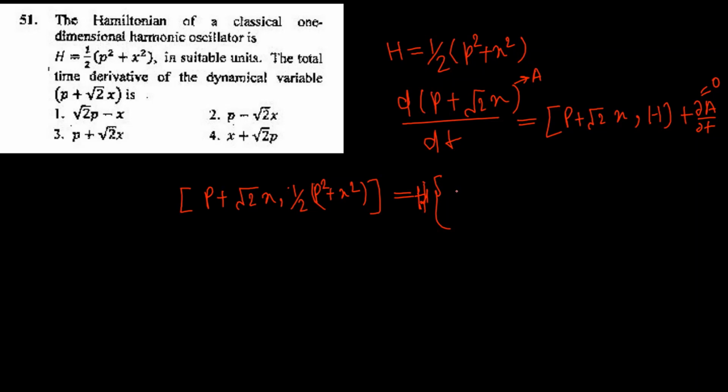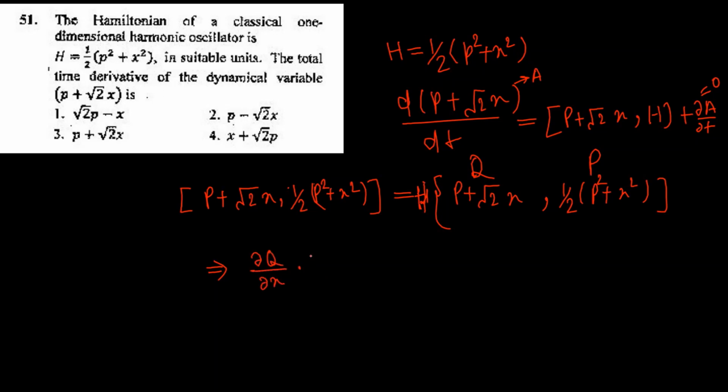Here we will get p plus root 2x with 1 by 2 p square plus x square. If this is q and this is p, then the formula for the Poisson bracket is del q over del x into del p over del p minus del p over del x into del q over del p. So now put all that.